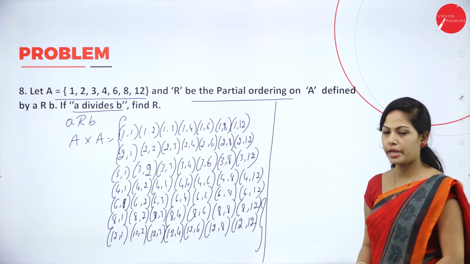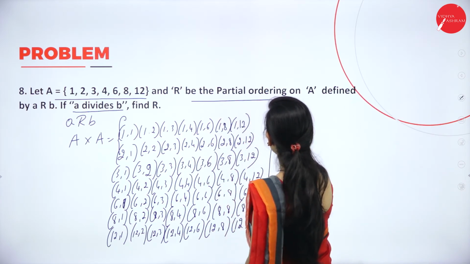First find out the ordered pairs. Then you can find the relation R.